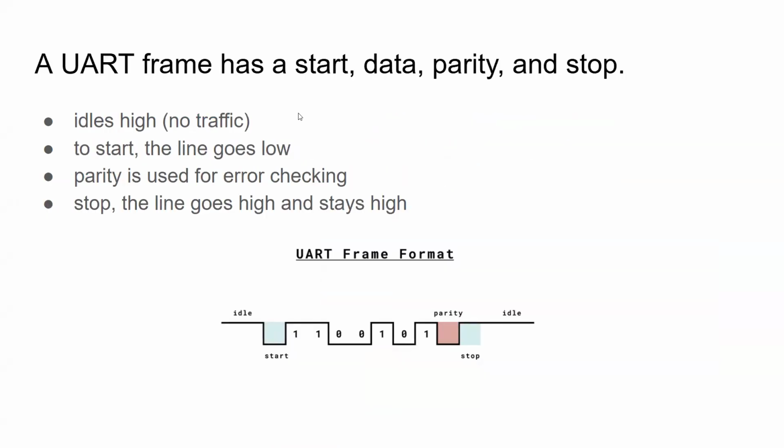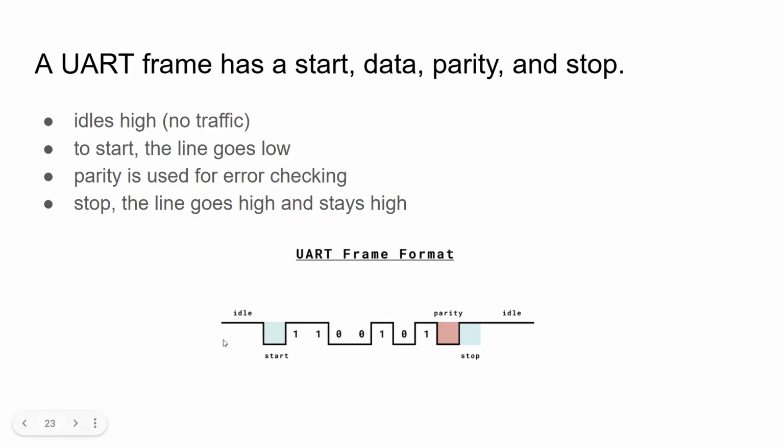So here's what a UART frame looks like. It has a start bit, data bits, a parity bit, and a stop bit. This is just an example of the frame. You can see that it idles high, which means that when there's no information being sent, the line will just be high.